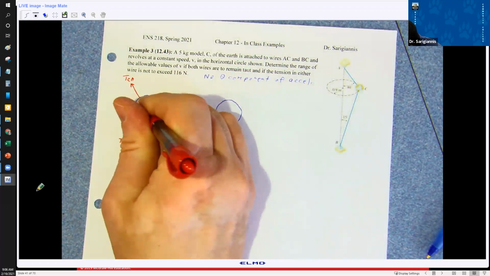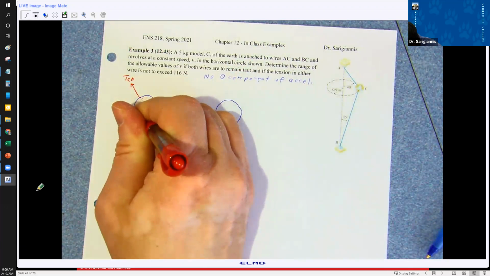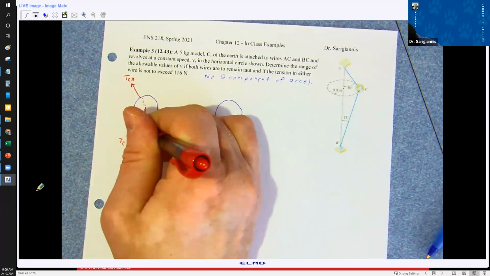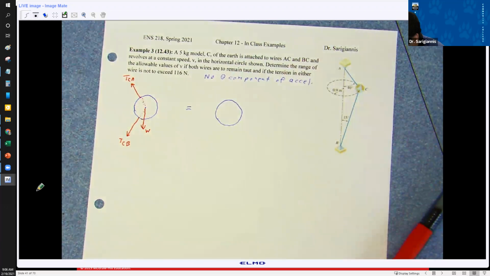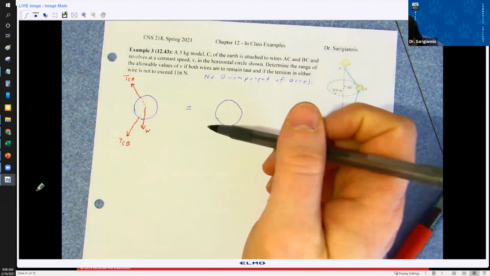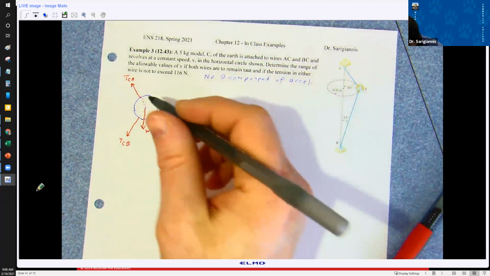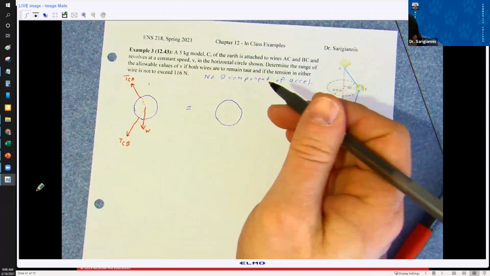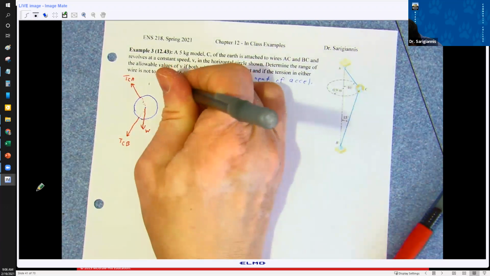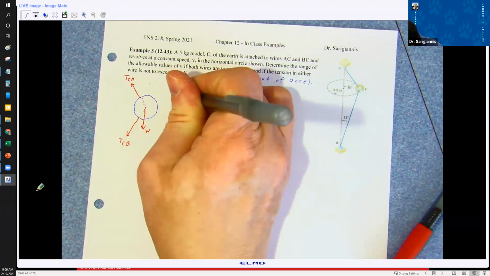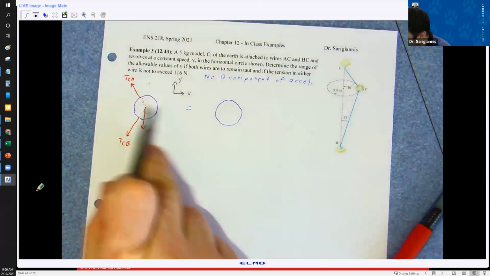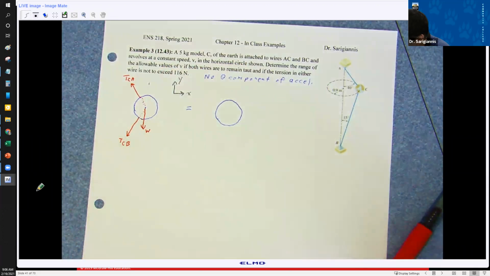Let's try to put some other forces in here. The other force that's acting on this thing is the weight, right? It's a 5 kilogram model. I'm going to draw my axes up here, X and Y direction. What am I missing? I put some angles in.